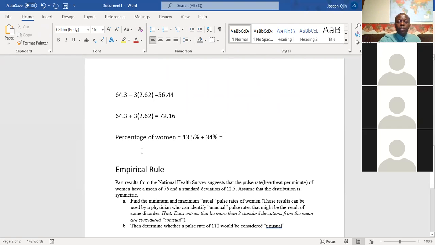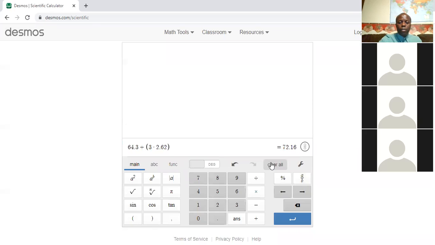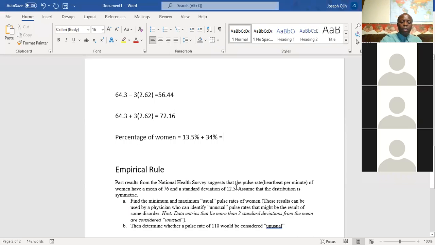So 13.5 plus 34 gives us 47.5%. So 47.5% of women have that height.